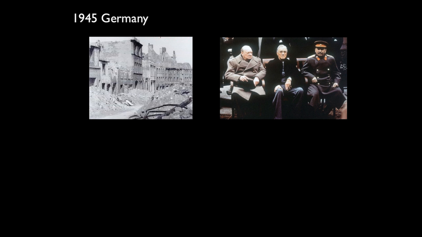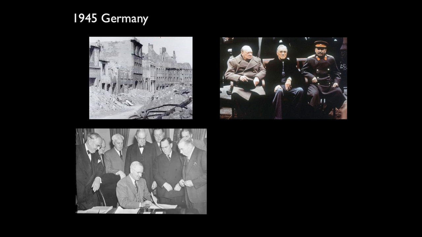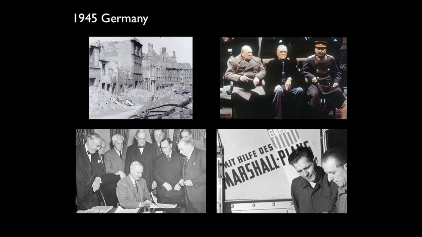Roosevelt at Yalta was clearly dying. The Marshall Plan from the United States helped the post-war recovery of the vanquished nations of Europe, and here it is being signed by President Truman, who succeeded Roosevelt. And finally we see Germans welcoming United States dollars through the Marshall Plan.